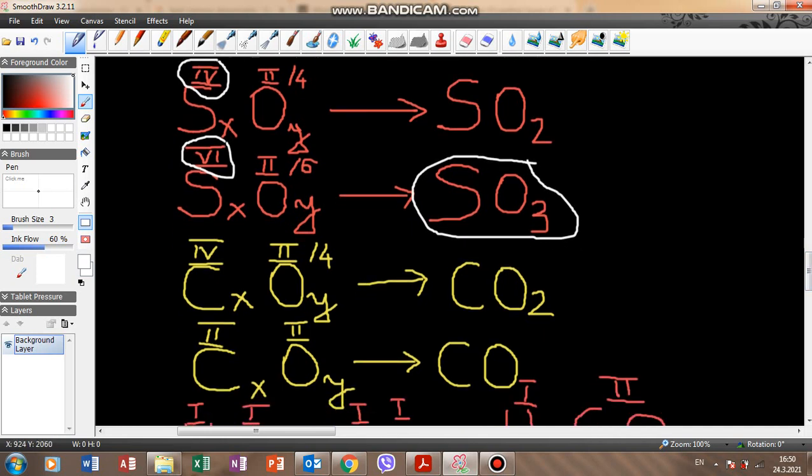Also, in the same way, you can write down the formula of carbon dioxide or carbon monoxide.